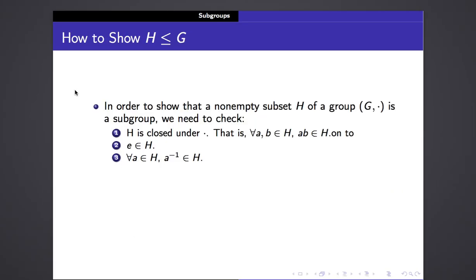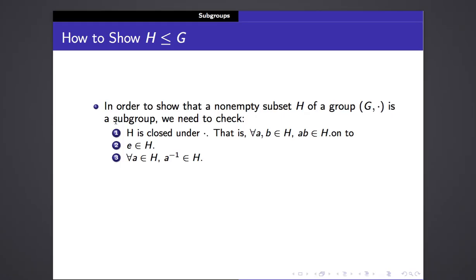Okay, so an important question, of course, is, when you have a non-empty subset of a given group, how do we show that H is a subgroup? So of course, by definition, in order to show that a non-empty subset H of a group G is a subgroup, we need to check the following things.